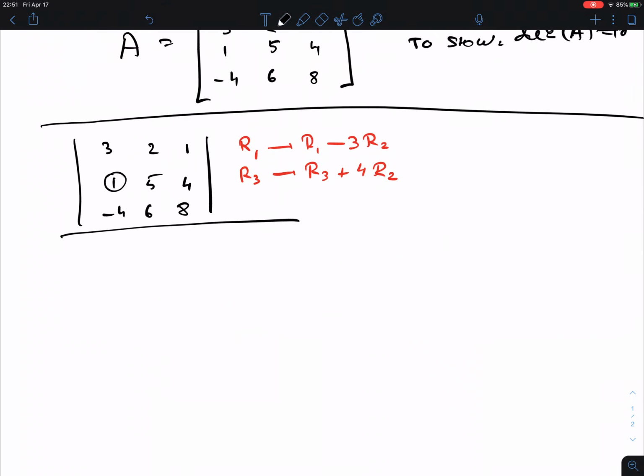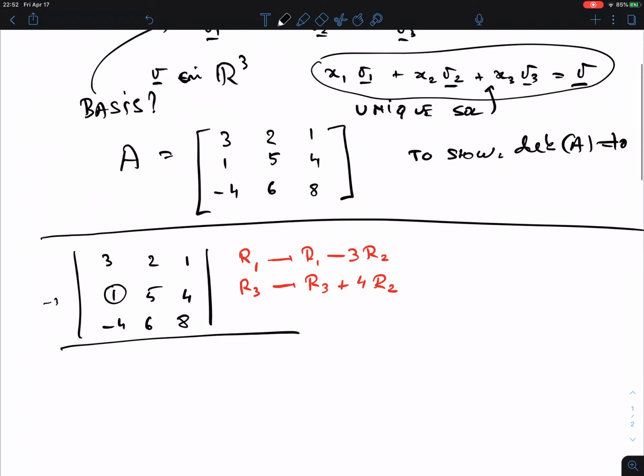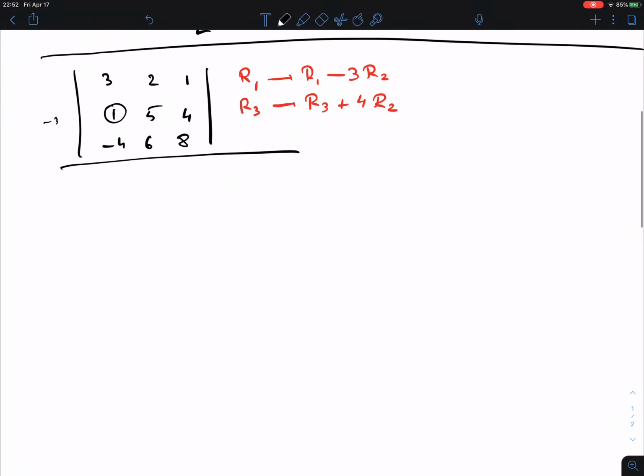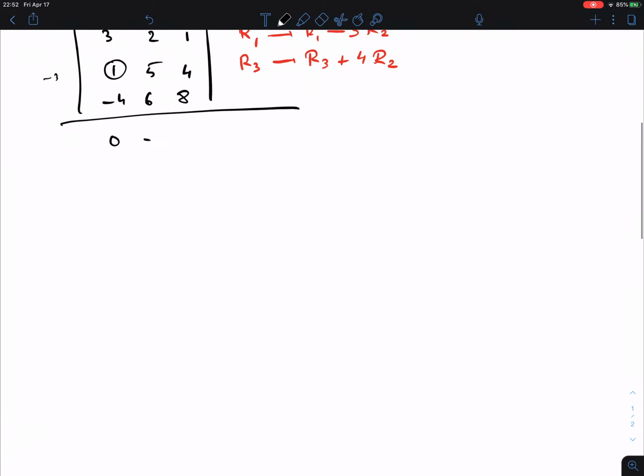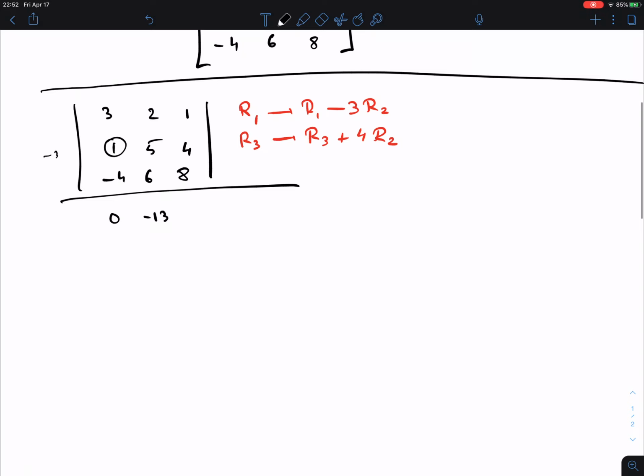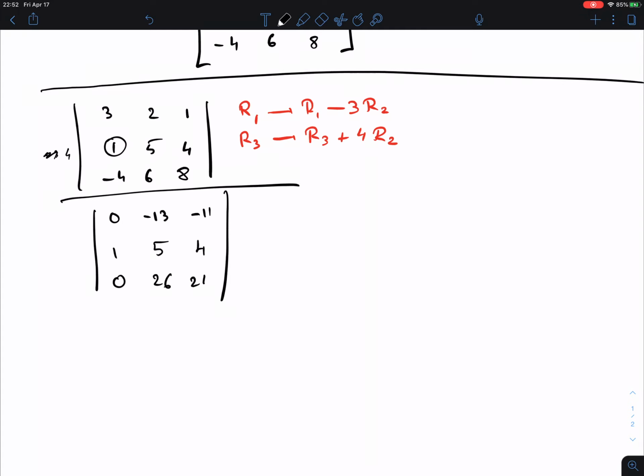So I get a 0 here, -15 plus 2 is -13, and -3 minus 12 is -11. Then the 1, 5, 4 row. And now multiplying by 4, I get 0, 26, 16 plus 8 is 24.